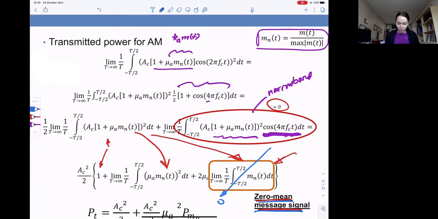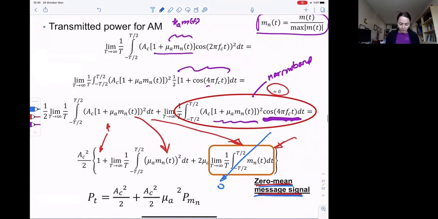So we have the first two components. The first gives us AC squared over 2. And the second gives us AC squared over 2 mu A squared PMN. Okay.